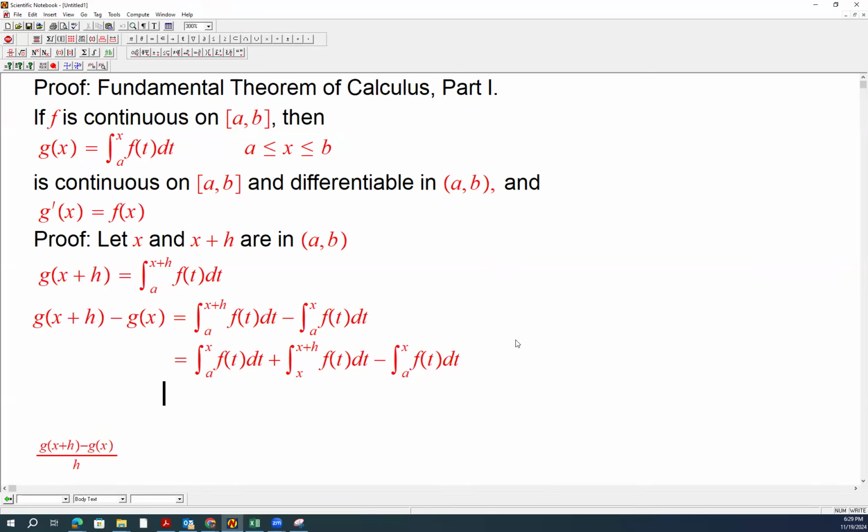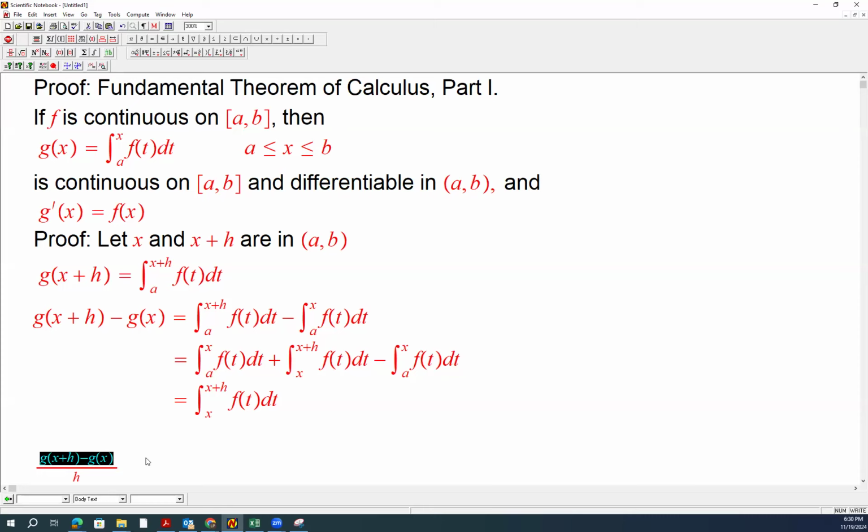So in the end, g(x plus h) minus g(x) is equal to just the integral from x to x plus h. All right, so we got the numerator.